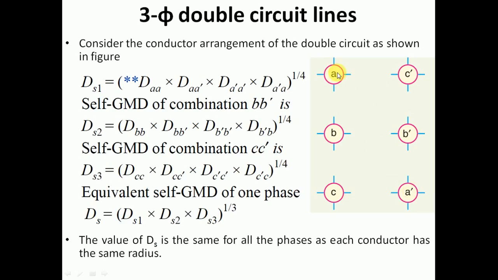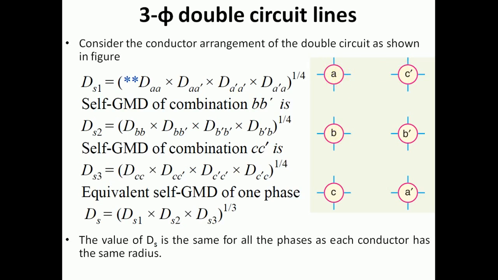So by keeping the individual conductors of a particular phase as far apart as possible, we will be able to achieve a large value of self GMD, and by placing the phase conductors as near as possible, we will be able to achieve a very small value for the mutual GMD.